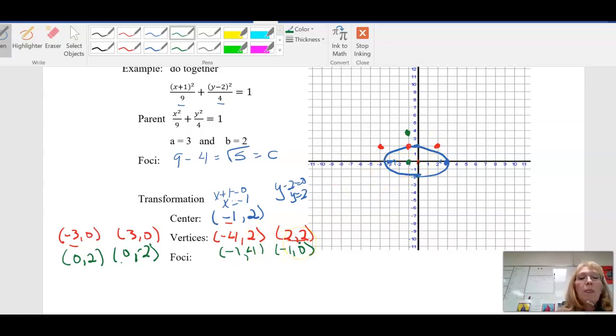Works fairly well. Now we know our foci is at the square root of 5. I forgot to draw them in. They're on the major. So square root of 5, 0 and negative square root of 5, comma 0. All right, so now when we add negative 1, 2 to that, well, square root of 5 is roughly what? Let's see what that is.